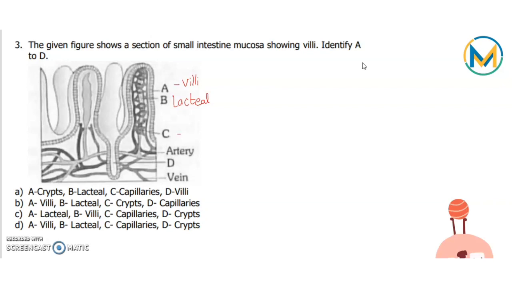So the C is the capillaries and this D is crypts. So looking at the option A, villi, B, lacteal, C, capillaries and D, crypts. So the correct answer among the given option is option D. Looking towards the next question.